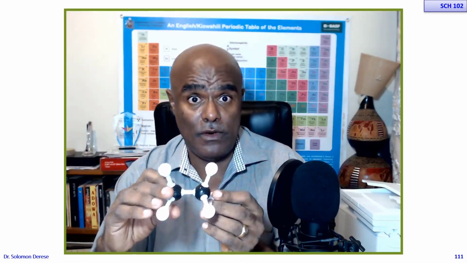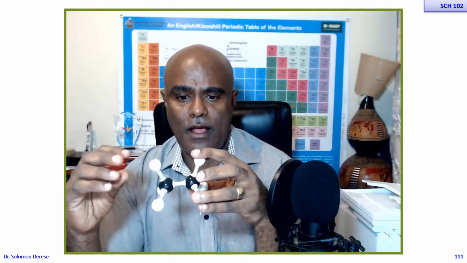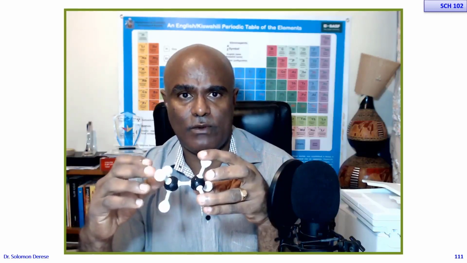carbon-carbon single bond. For example, I could hold one of the carbons like this and then rotate this one. This one freely rotates, and rotations of course start from 0 degrees all the way to 360 degrees. As it rotates, it will adopt different conformations.